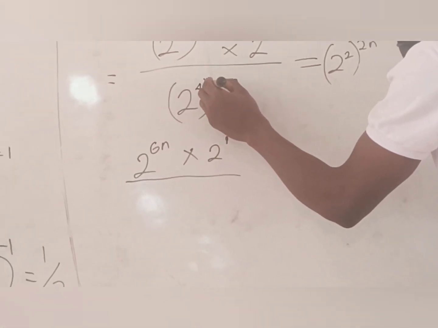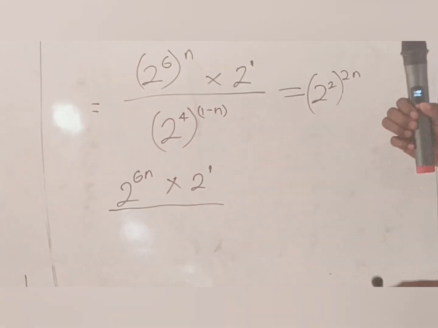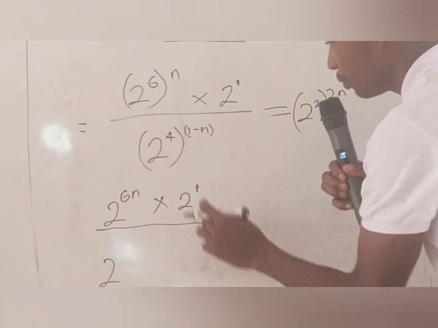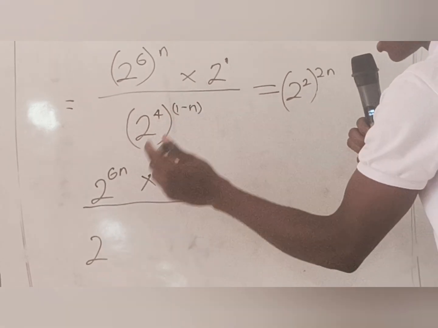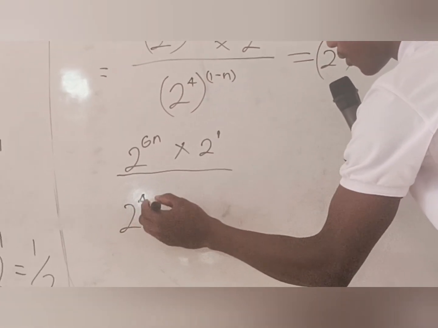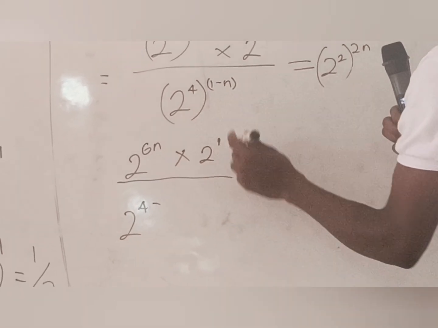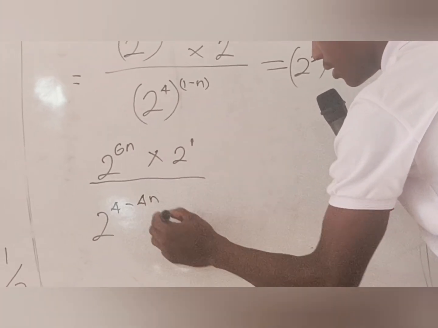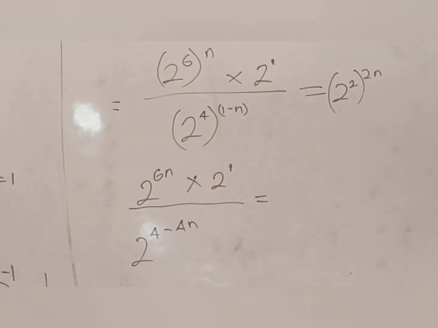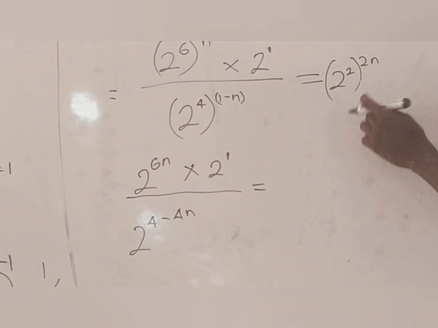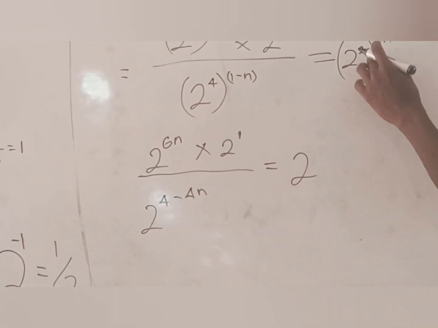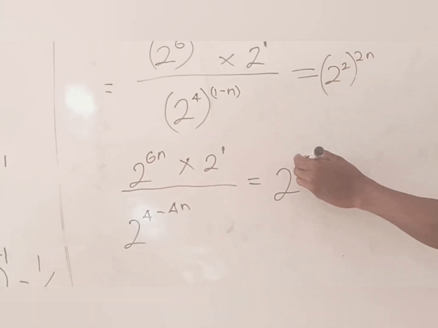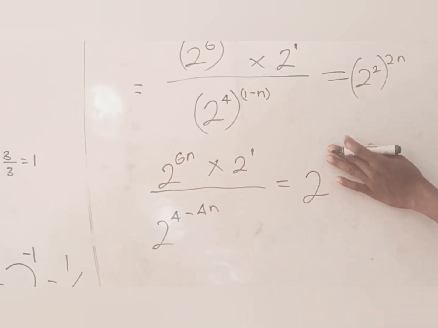This one is better we put it in the bracket form so that everything will be affected. So we have 2 to the power 4 times 1 gives us 4, minus 4 times n gives us 4n. Is equals to 2, power times power, 2 times 2n, giving us 4n.